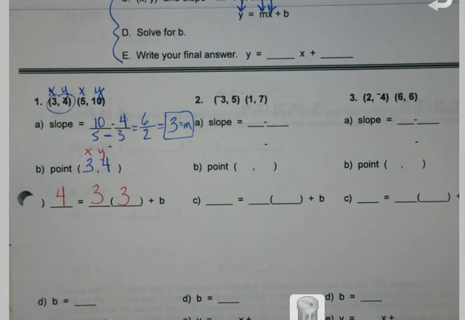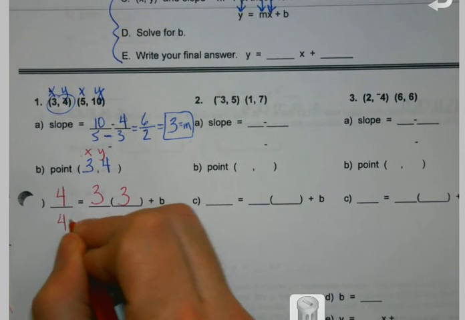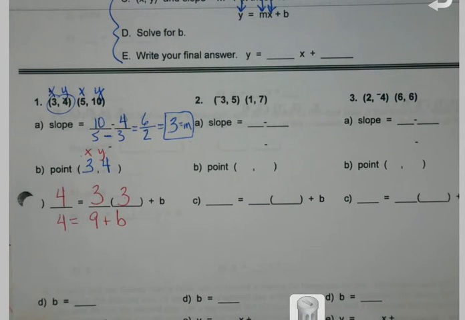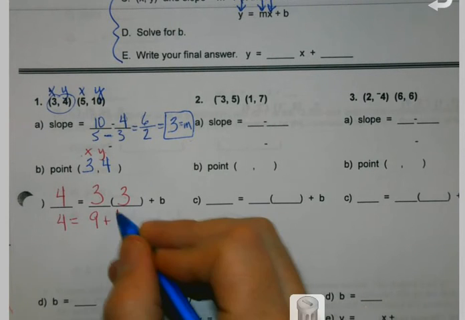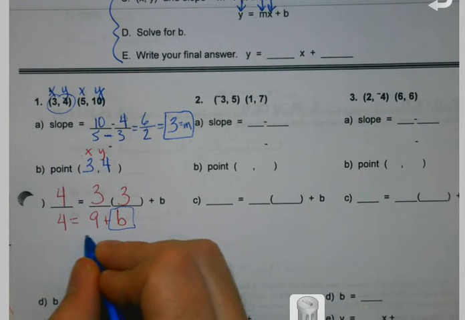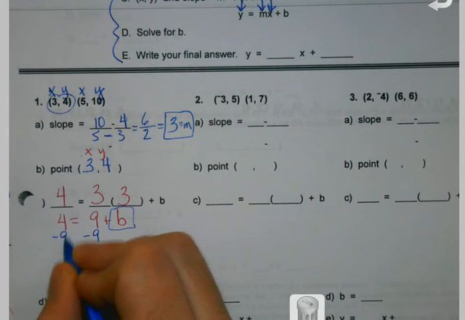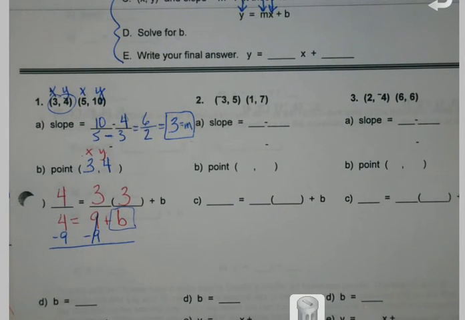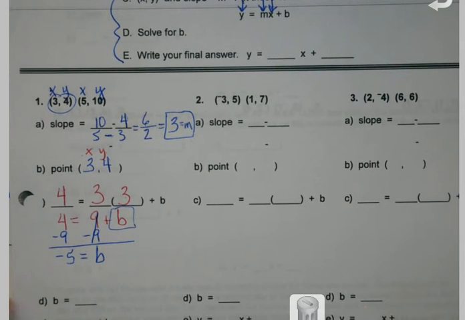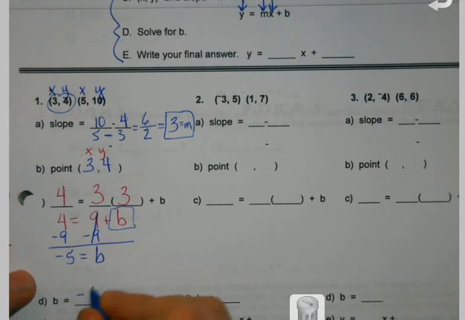Now I got to solve this equation. See, now it's like yesterday. 3 times 3 is 9. And if I got to get b by itself, what's my one step that I have to do to get b alone? That's right. Minus that 9. There's my b.